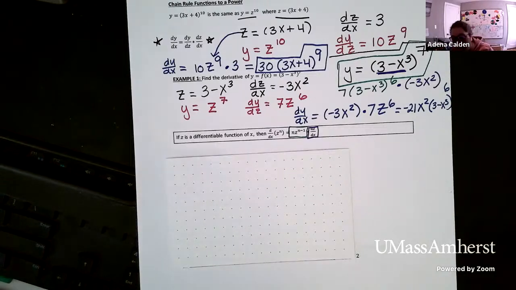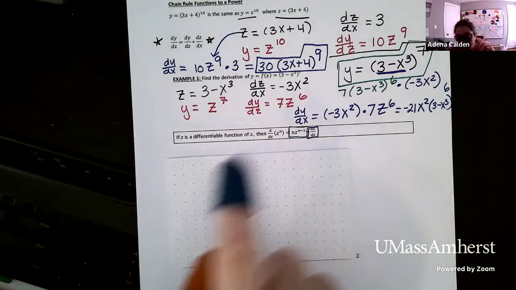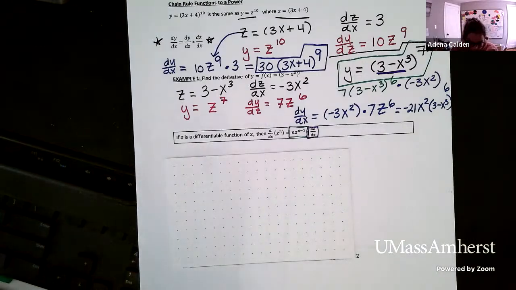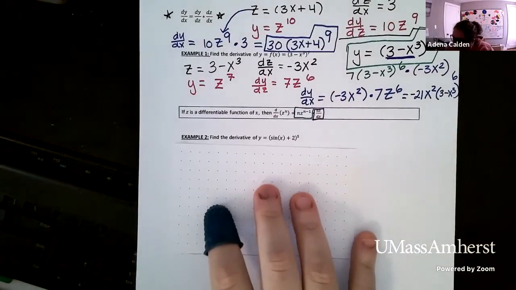That might be helpful because as things get more complicated, which they won't until next class, sometimes the chain rule is the first step in a many-step process. So if you can do the derivative faster, that helps you save a little bit of time. But it's a matter of preference.